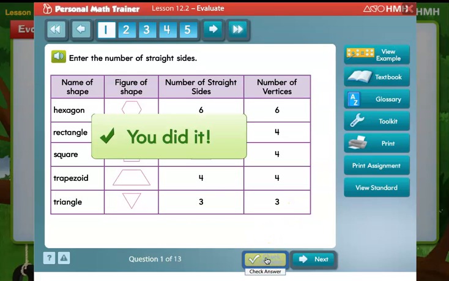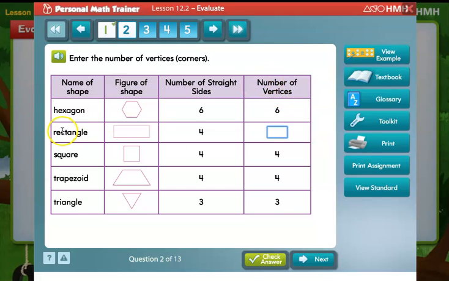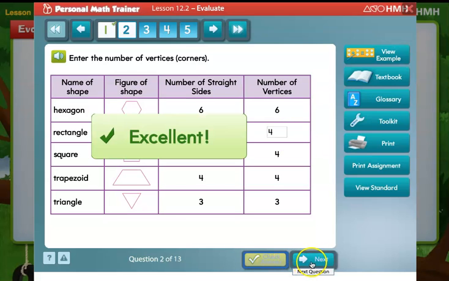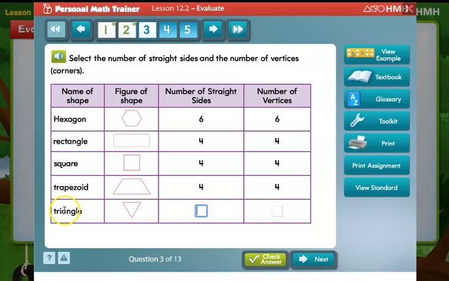You did it! All right, let's do a few more. The rectangle, do you remember how many vertices or corners it had? 1, 2, 3, 4. Good job. Excellent! Triangle, how many sides? 3.